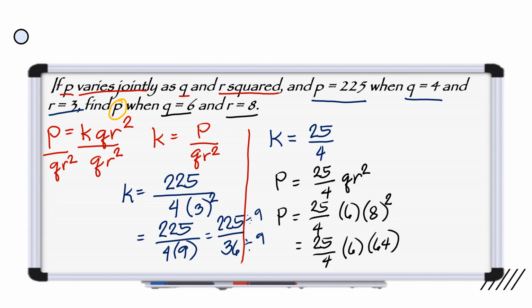So, we can simplify this further. 64 divided by 4. You can have 16. So, 25 times 6 times 16. So, our answer for this one is 2,400.